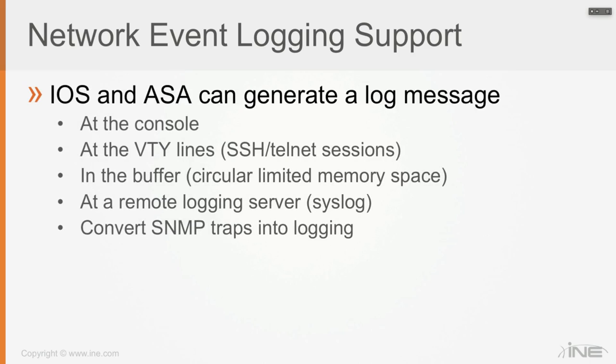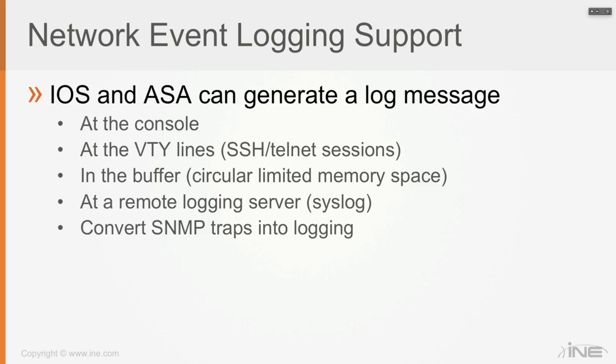Now, when IOS and ASA generate a log message, because for example an ACL has matched the log keyword, that log message can be replicated in multiple places. On IOS, traffic has matched an entry with the log keyword, or on the ASA it's built in, and it generates the log message.